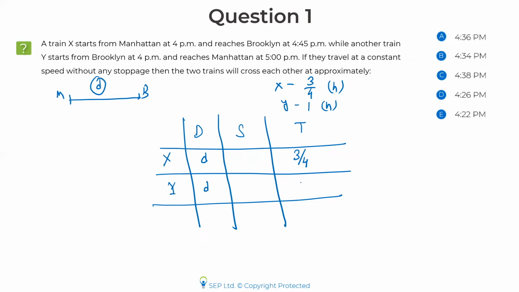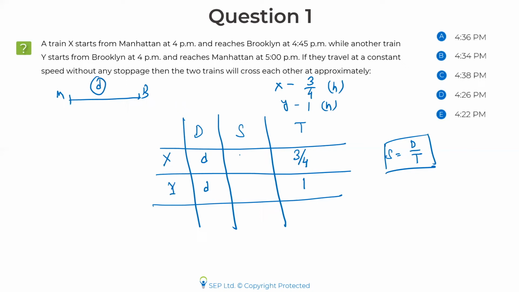The other train, that is Y, is taking 1 hour. So from this particular set, I don't know the value of D, but I assume the value of D, and I know T. Now, what is speed? The relation I know is speed equals distance by time.